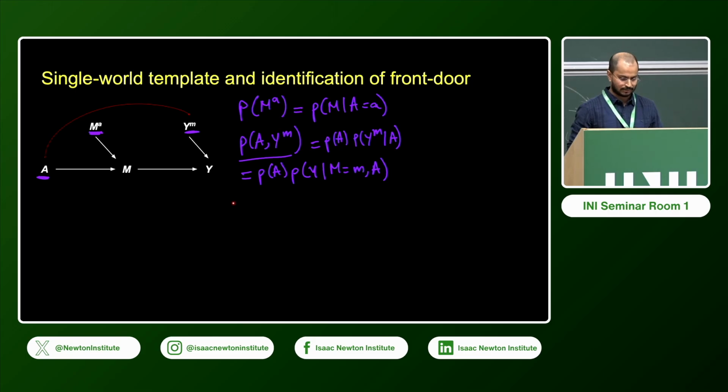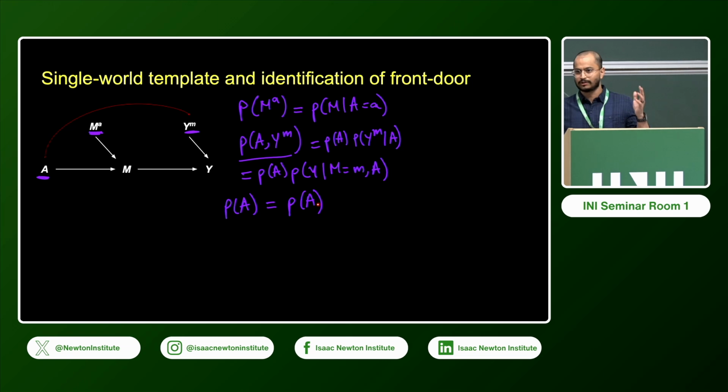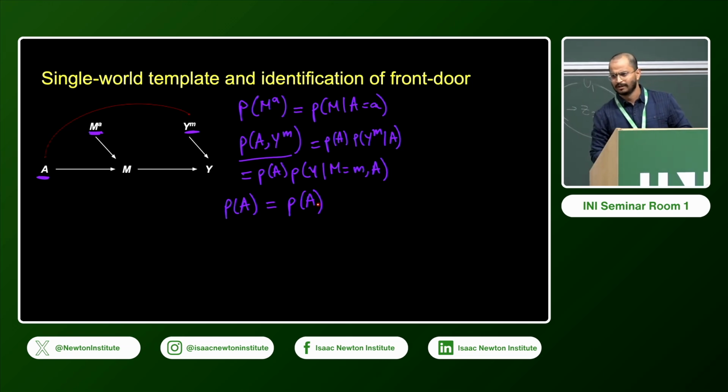From P of A and YM, I can get P of A. P of A is already an observed data quantity, so that's just identified. And then finally, I have P of YM.